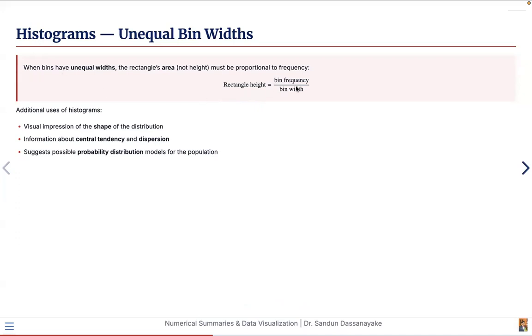Right, and a histogram gives visual impressions of the shape and the distribution, information about central tendency (the mean, median) and dispersion (the standard deviation), and also suggests possible probability distributions. This is very important. This is one of the most important things about quantitative analysis because it suggests the possible probability distribution, so that when we go for inference, as you get your sample data and want to infer about the population, you need to know the probability distribution in order to get the correct probability values.